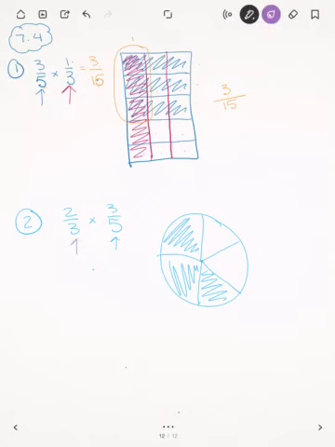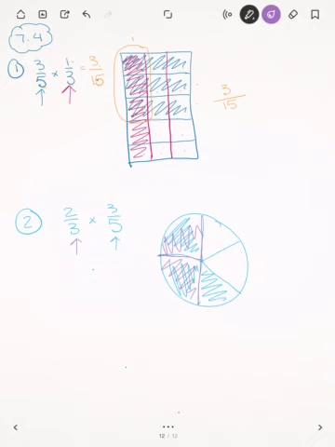So now I'm going to take a look at my second fraction, 2/3. So out of what I have colored, I need to find 2 of the thirds. You can see I have 3 of them shaded, and 2 would be, go this way, 1, 2.